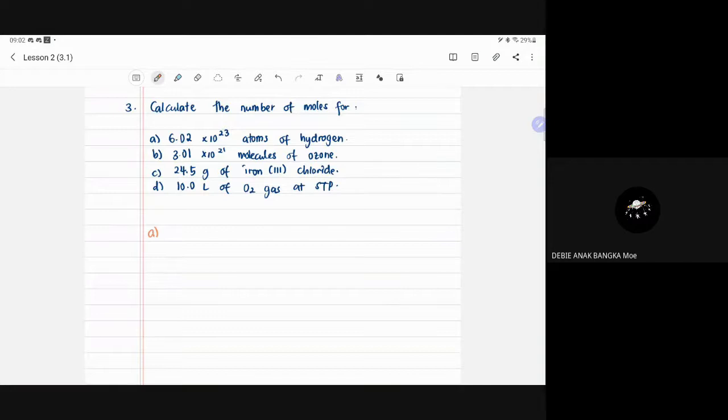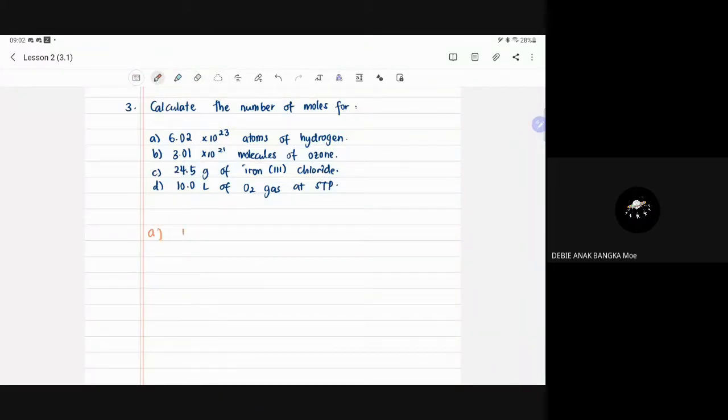So it tells you hydrogen, so it gives you the number of atoms. Jadi, from here to find the number of moles, they ask for the number of moles.